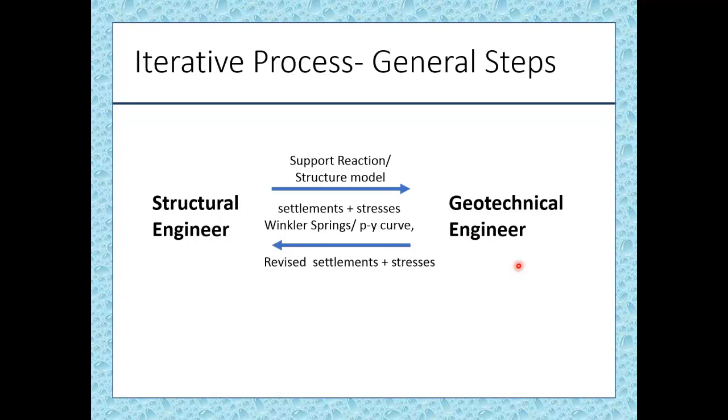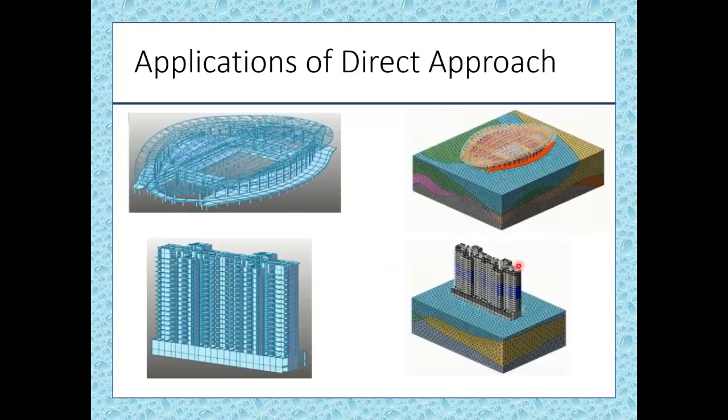Okay, so that was it about understanding the direct substructure and the soil structure interaction procedure, which is an iterative procedure. Now let us look into some applications of the direct approach. What exactly is done is seen right over here.